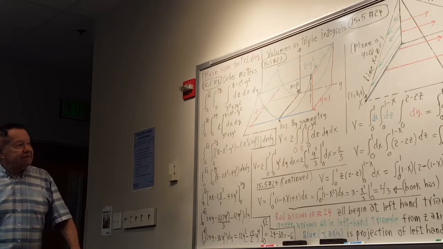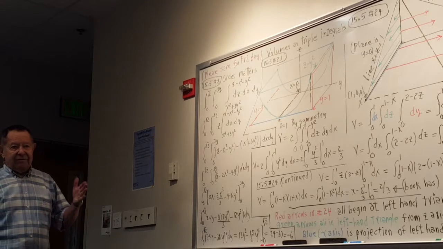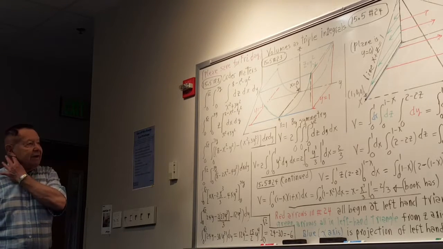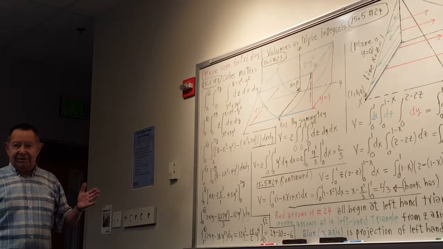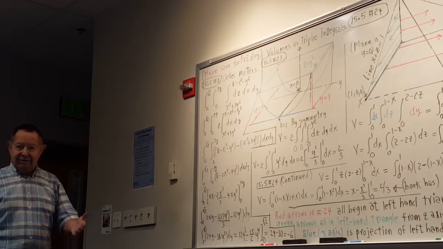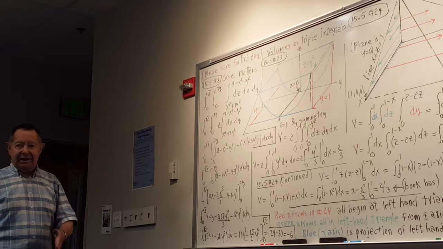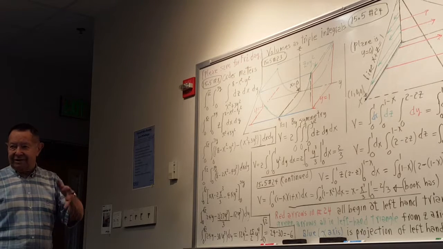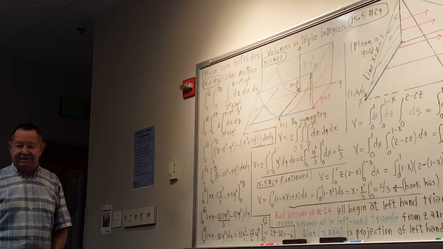So you're doing the same kind of thing that you do with the areas, where you imagine lines going left or right and then the projection on the y-axis, or the lines going from the curve vertically and then the projection on the x-axis.